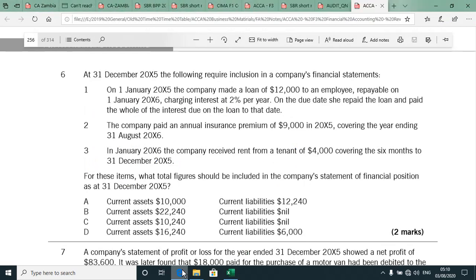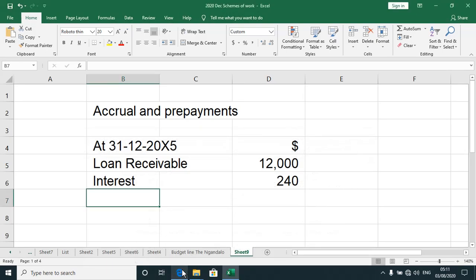It says the company paid an annual insurance premium of 9,000 in X5, covering the year ending 31st August 20x6. How many months do we have between January and August? I think it's supposed to be 8 months. So insurance prepaid.